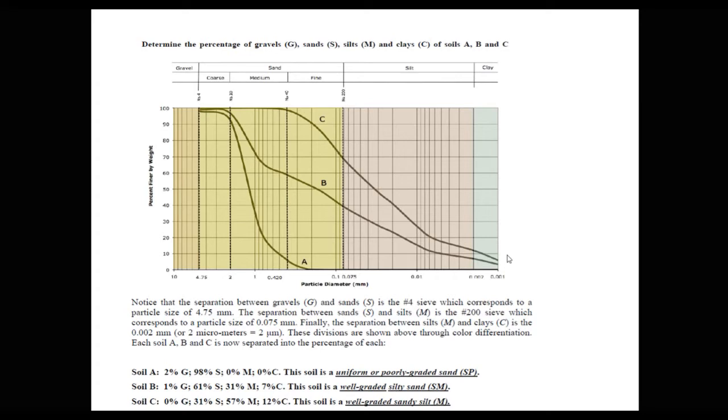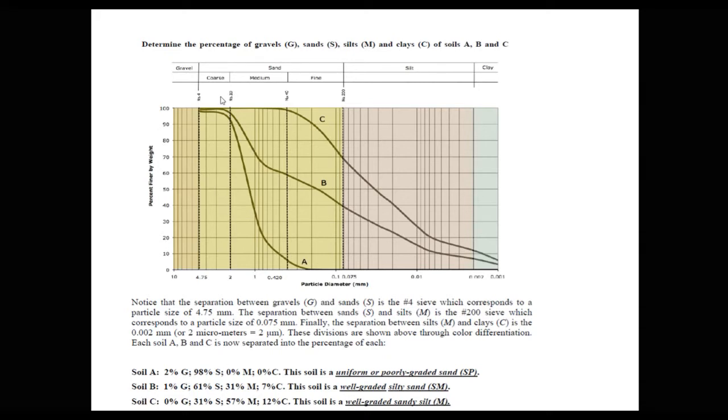So as I said, the focus should be on this number 4, number 10, number 40, and number 200. So if you look at this first graph here for soil A, you're going to see that the percentage right here is 98%. That means only 2% of the soil got retained on number 4, which is why you see that there's 2% gravel here.